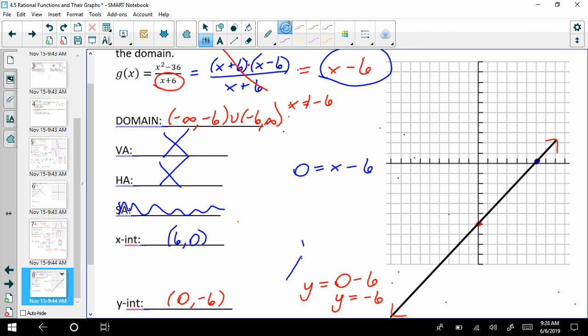If you go back to the beginning, I canceled out x plus 6. And we saw that that x plus 6, if I solved it, became negative 6. That's what I had to throw out in my domain. Since I had to throw that out, I do have to represent that on the graph.